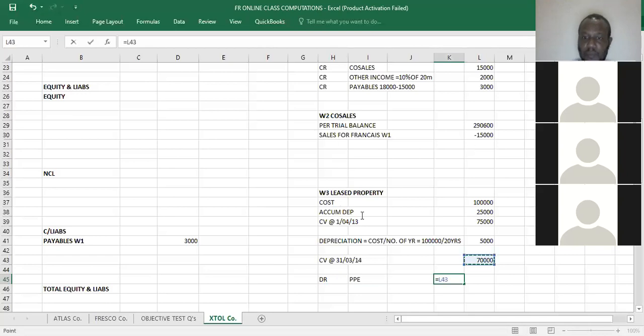And we'll charge our depreciation or amortization now. I still called it depreciation and nobody corrected me. So amortization for the year.